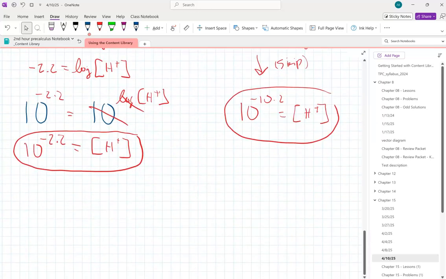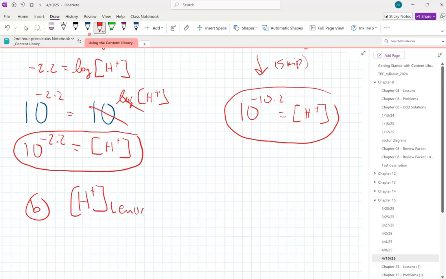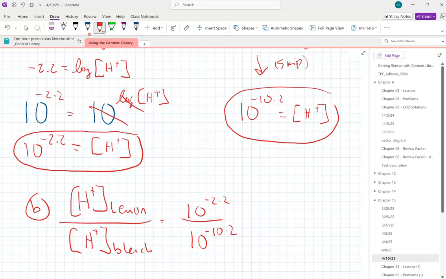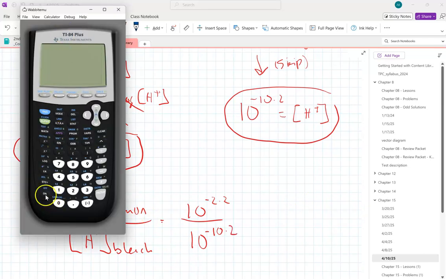So if we want to know how many times greater it is, we're going to do the concentration of the lemon over the concentration of the bleach. So that's 10 to the negative 2.2 over 10 to the negative 10.2. And I guess I could do this without a calculator. I'm going to do it with the calculator, though, because I expect that's probably the way most of you would want to do this.